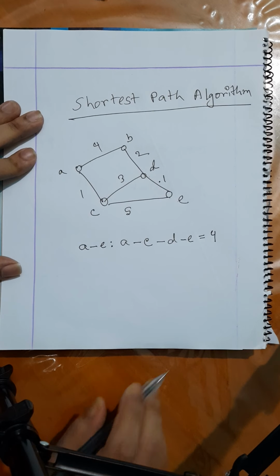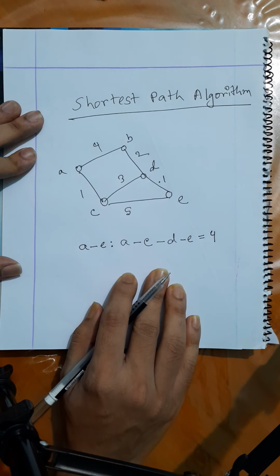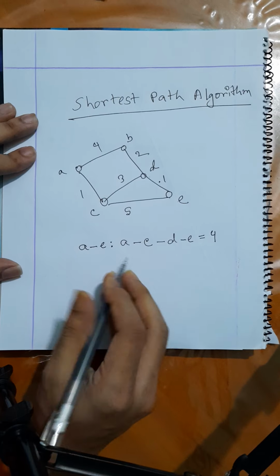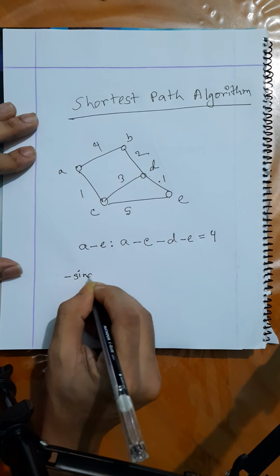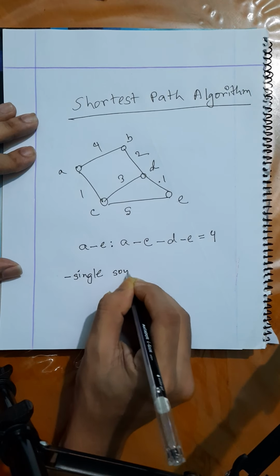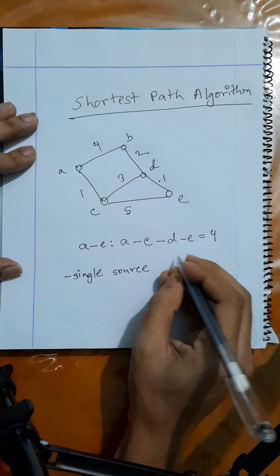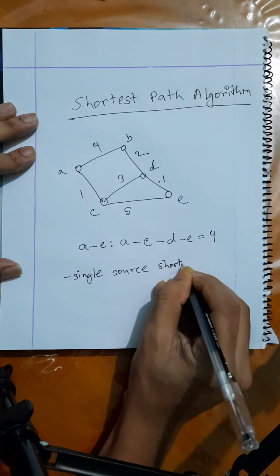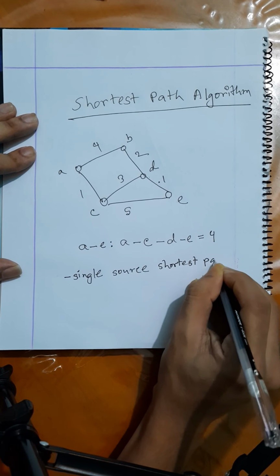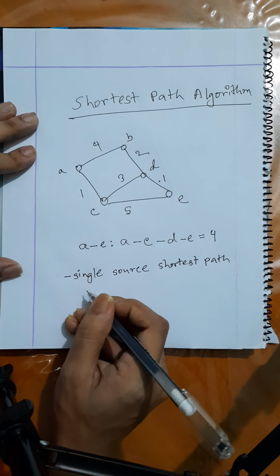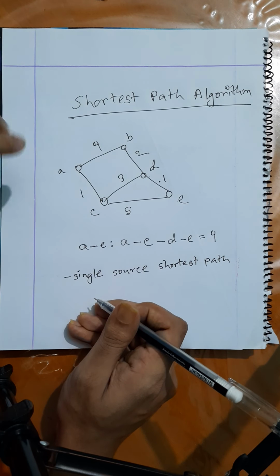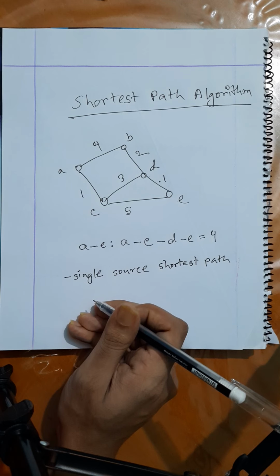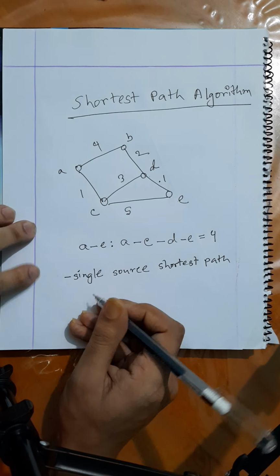So this is what shortest path is. There are multiple algorithms to find out the shortest path. There are basically two types of algorithm. One of them is single source shortest path. In this kind of algorithm, there will be one single source. That means we will have to determine a source first, and from that source, we will determine the shortest path to every other node.